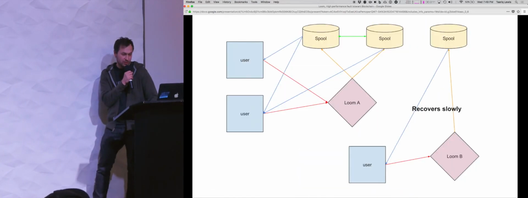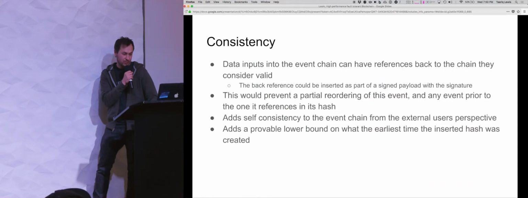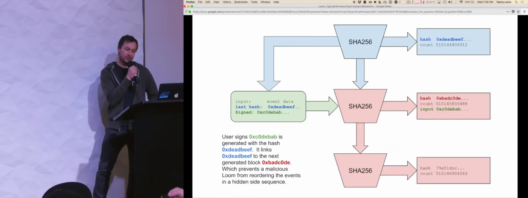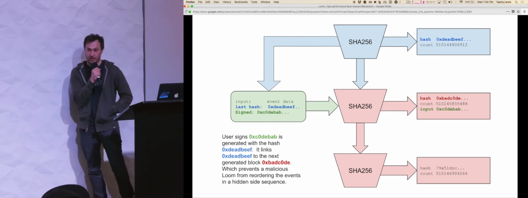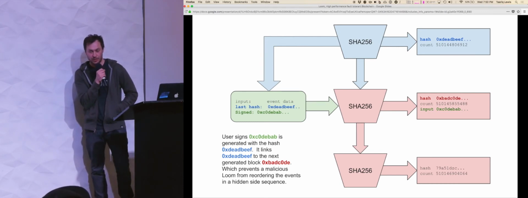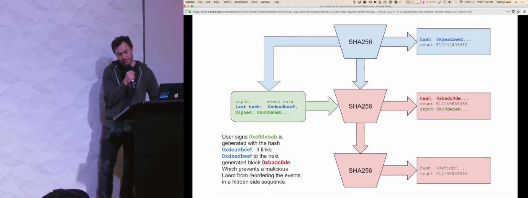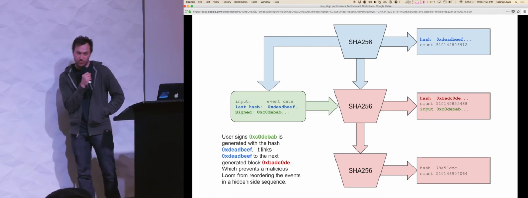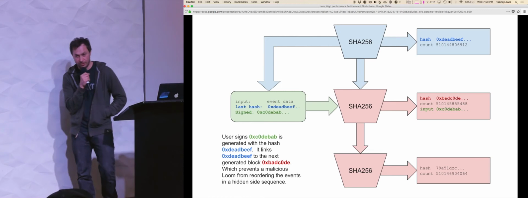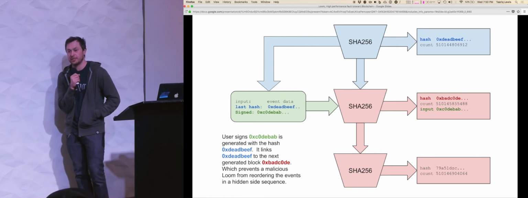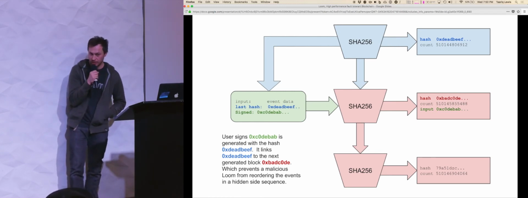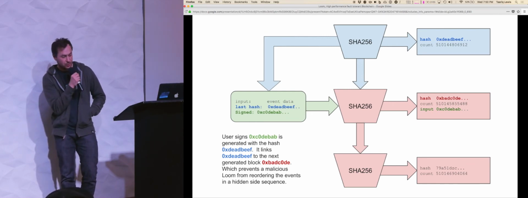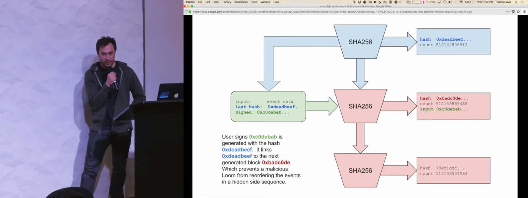The generator will have some opportunity to reorder events, which is the gap between the last thing that the user signed and when they're entered. There's no way to really detect that. Effectively, those packets are in flight. For most transactions, like paying for coffee, it doesn't really matter. But for things like order book settlement on an exchange, that might matter. So those could be solved with use case specific solutions.